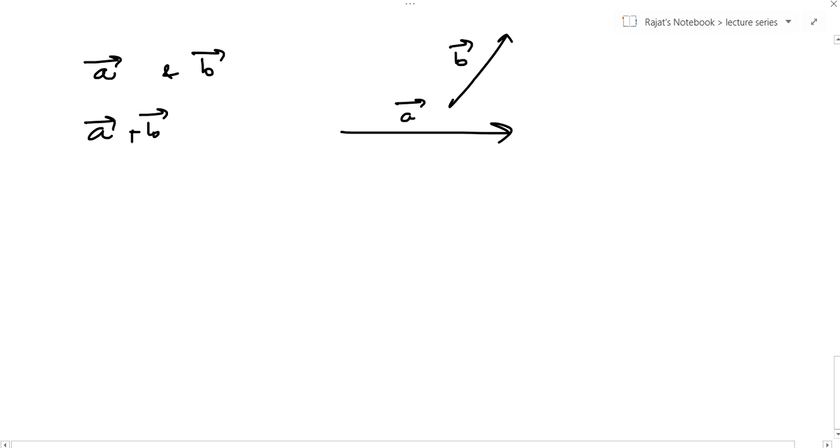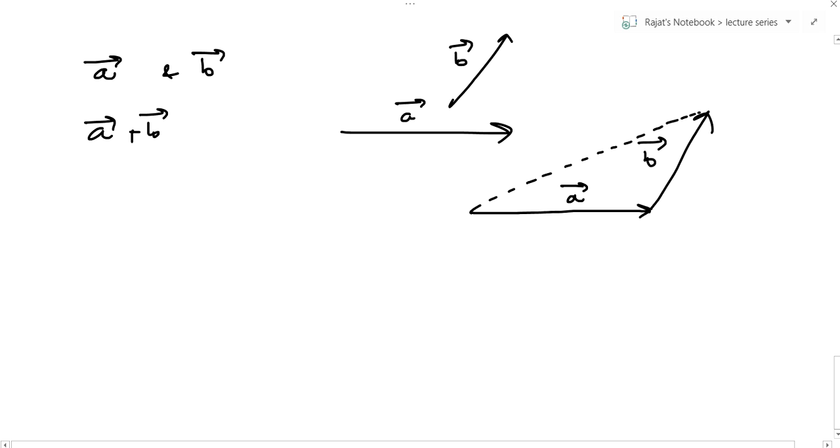Suppose we are translating a, then we'll keep the head of b... I'll translate the vector parallel to itself and keep its tail on the head of b, and now we will complete the triangle. In the line that we get, the head will coincide with the head and the tail will coincide with the tail. So this line will represent the vector a plus b.